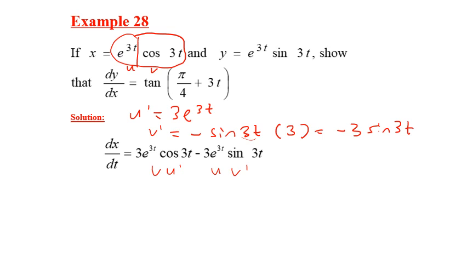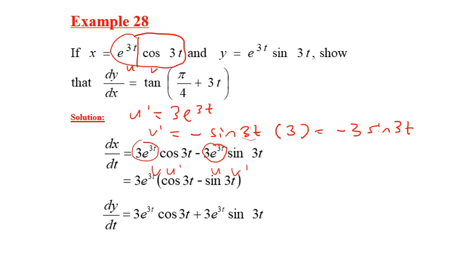And then as you can see, both terms have a 3 exponent 3t, so we can factor out that one. So inside here we got cos 3t minus sine 3t. Okay, so that's for dx dt.